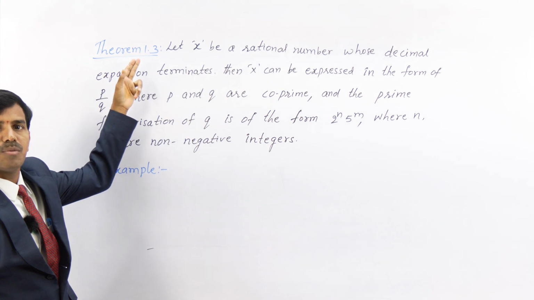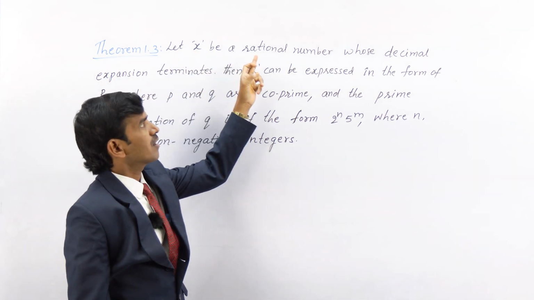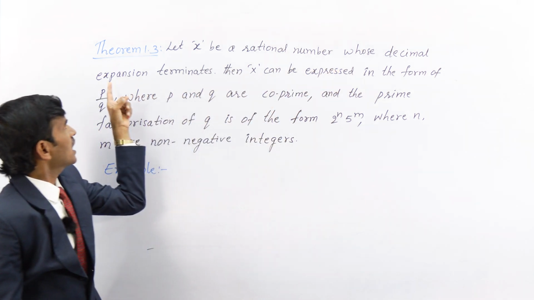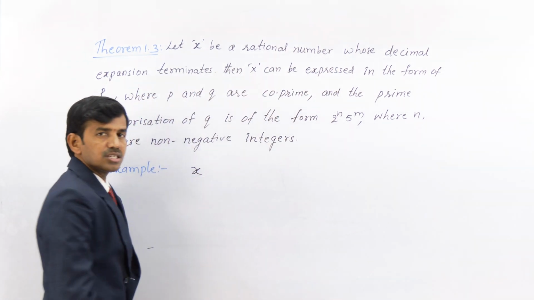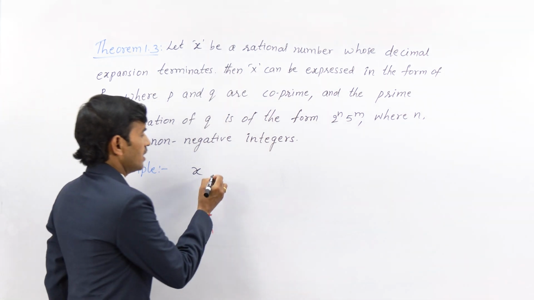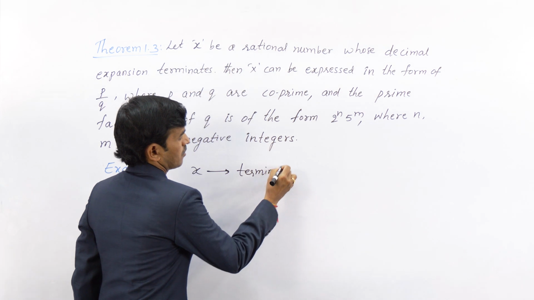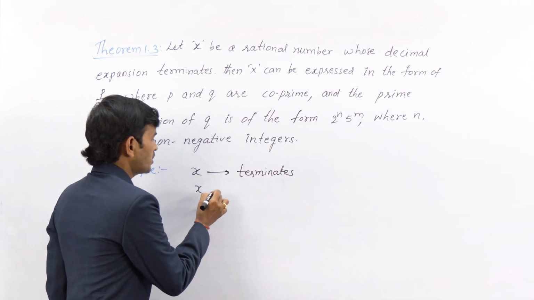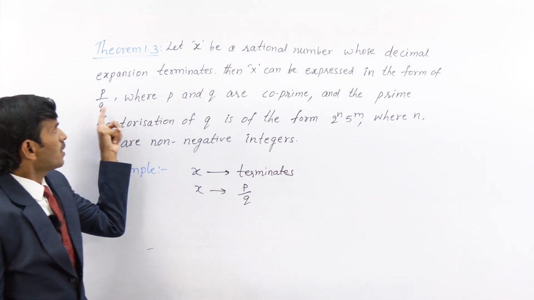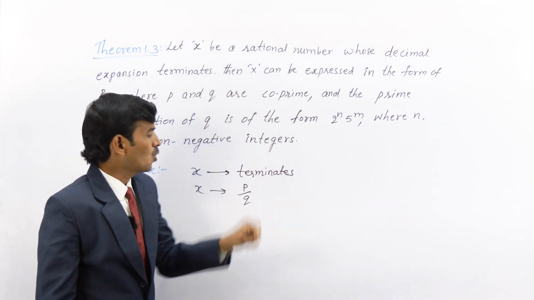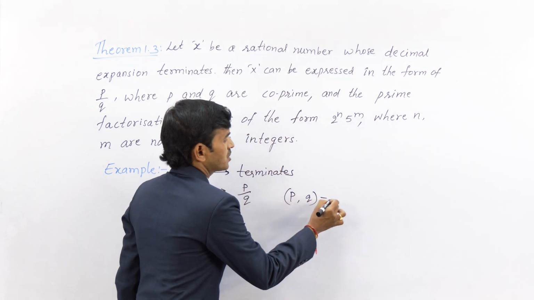Let us discuss this theorem today. Theorem 1.3. Let x be a rational number whose decimal expansion terminates. Suppose there exists a rational number x, and if it terminates, that means it can be expressed in the form of p by q, where p and q are co-primes, nothing but HCF of p comma q is equal to 1.